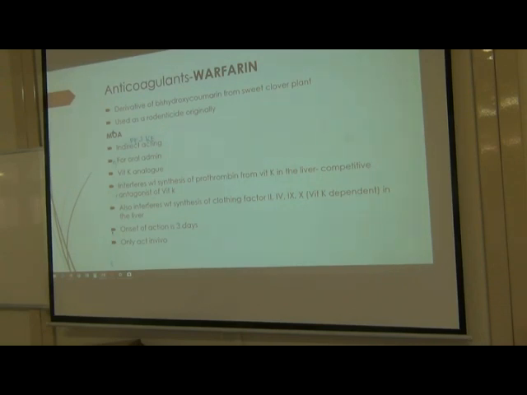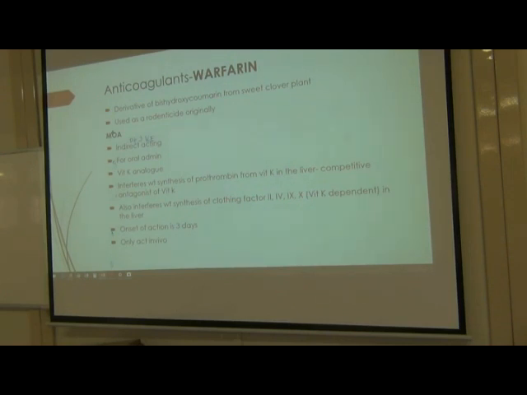It's a competitive antagonist. So wherever it says vitamin K, it displaces vitamin K. It's competitive. It's as in whenever the two of them are together, there is a big fight, and warfarin wins because it has more affinity. So it replaces vitamin K in that process. That's why it interferes with the synthesis of prothrombin from vitamin K in the liver.